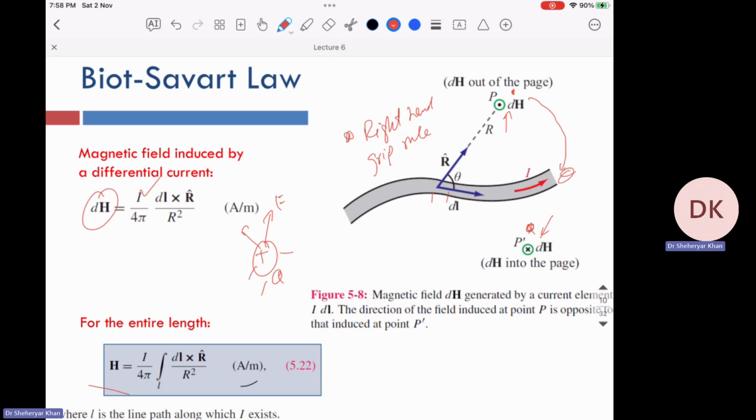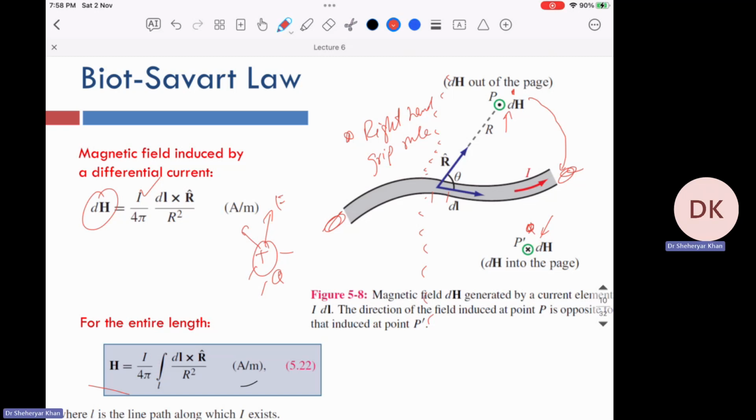At the top, there's no magnetic field. At the bottom, no magnetic field. So the magnetic field exists only at this point, close to the conductor. The circle that is very close to the conductor is strong, and when you move away, the magnetic field decreases, right?